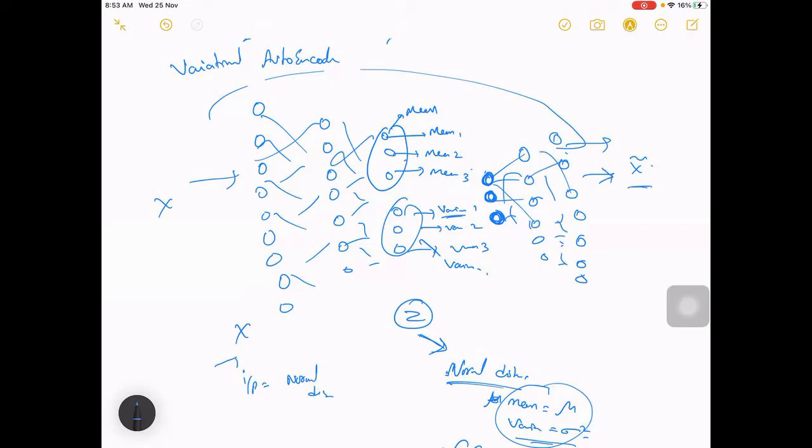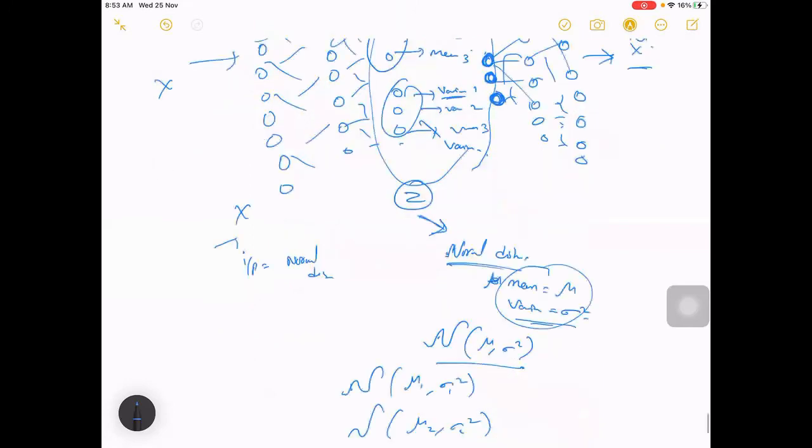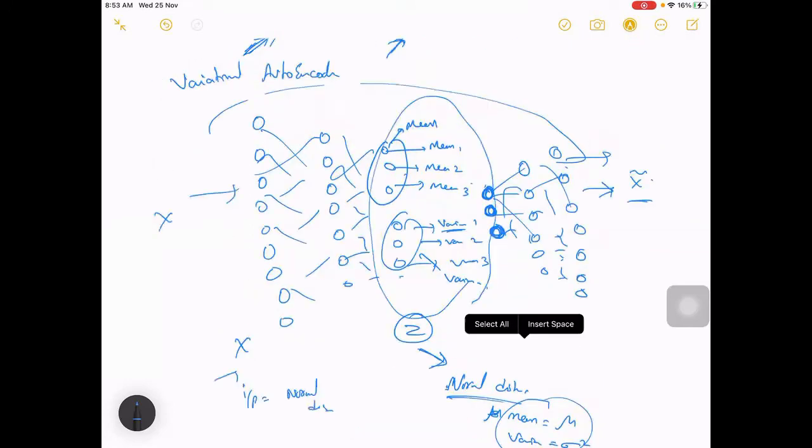So this is the only difference from the previous one, this is newly added. Apart from that, the rest is the same as an autoencoder. So this is a reconstruction: from the values we sample from these means and variances, we get your features, and we use these features again for reconstruction of the input.